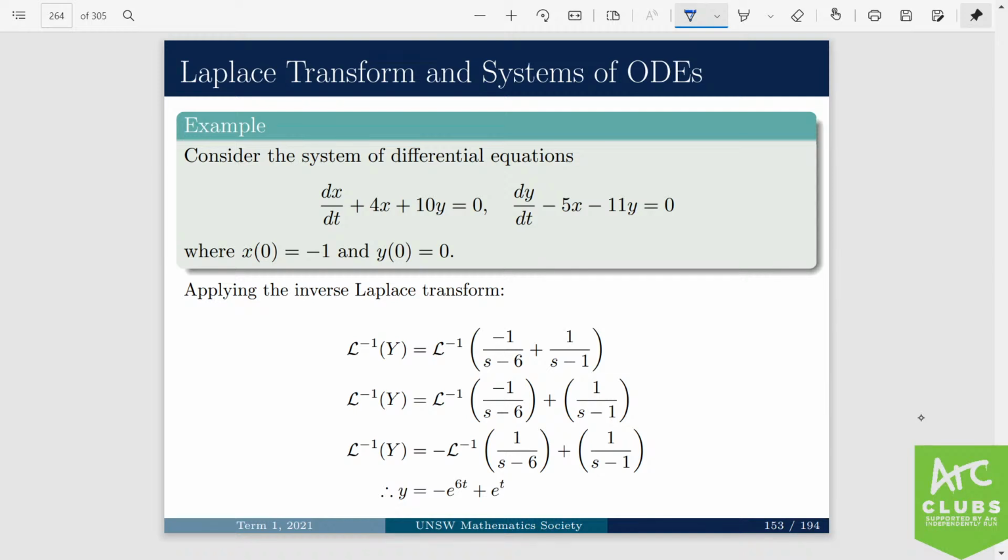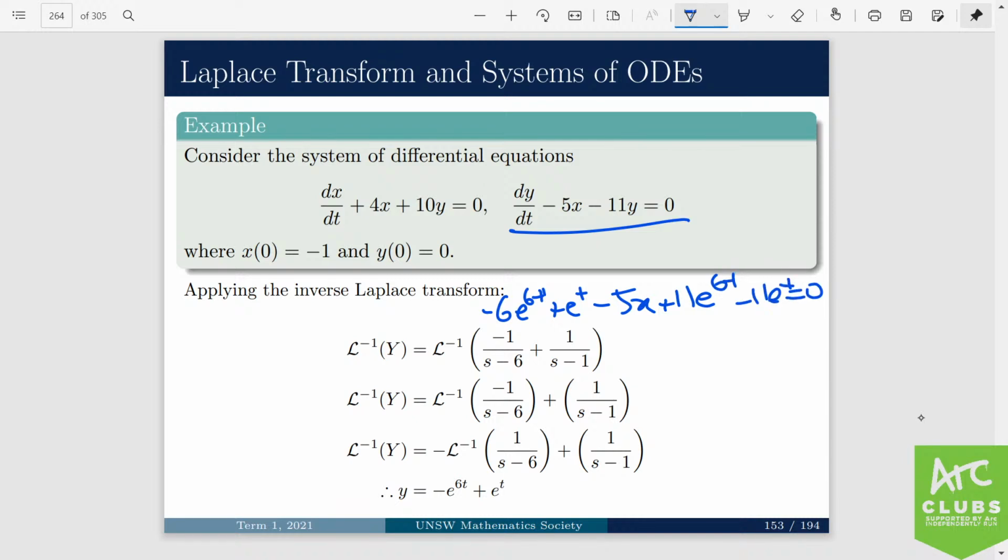So again, like I said, just double checking. Let's use this one. So you can say dy/dt, which is minus 6e to the 6t plus e to the t, minus 5x, that's what we're trying to find, minus 11e to the t equals 0.